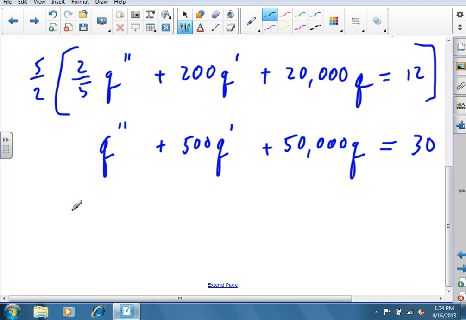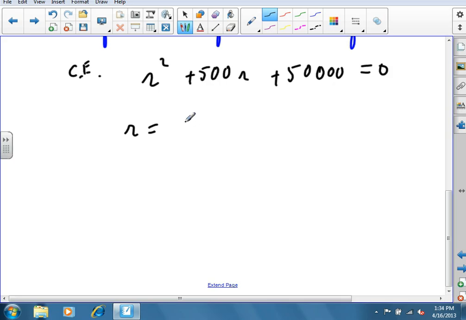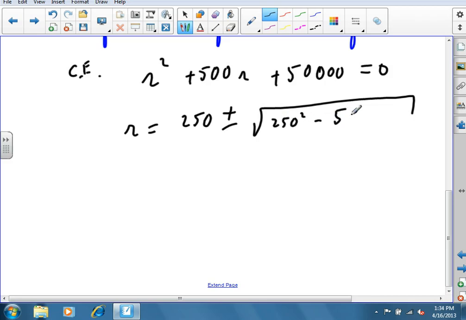At that point, we have a characteristic equation, r squared plus 500r plus 50,000 is equal to 0. We could try to factor that, I suppose. r is equal to 250 plus or minus the square root of 250 squared minus 50,000, divided by 1.